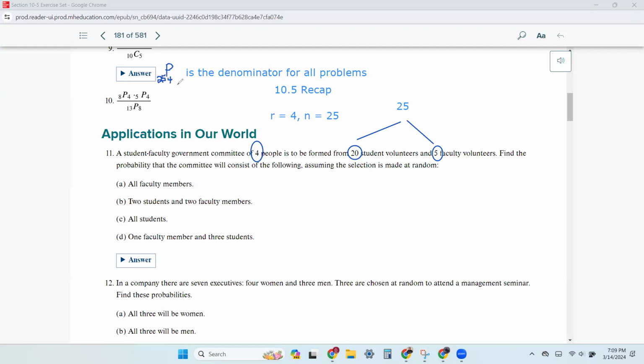I'm sorry, it's combinations. What am I thinking? So C(25, 4), picking 4.